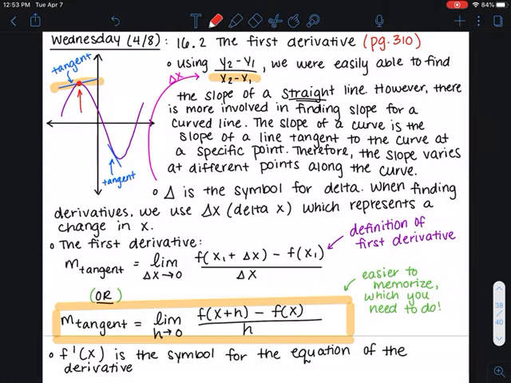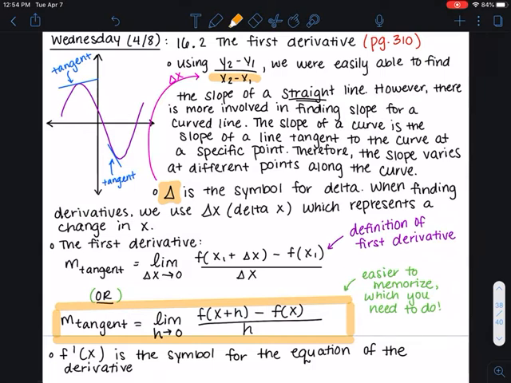The slope of the tangent is equal to the slope at this point. Therefore, slope varies at different points along the curve because there will be different tangents. As you can see, there's one tangent, and here's a different tangent at two different points in this graph. The slope will vary at different points along the curve.